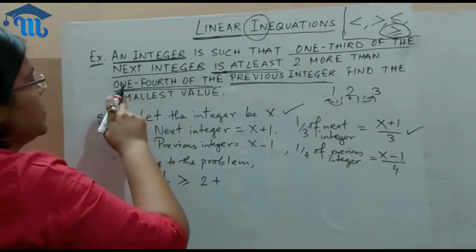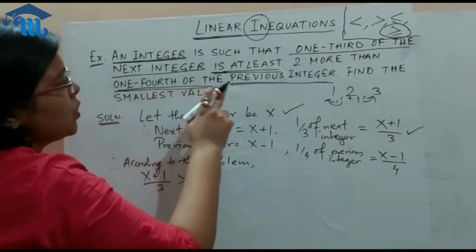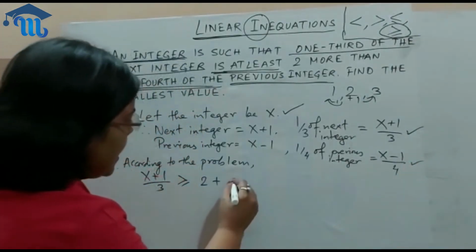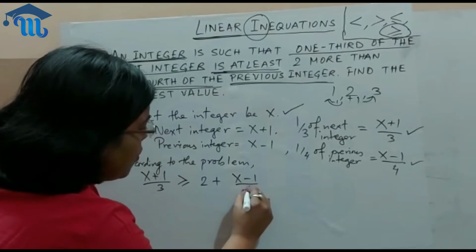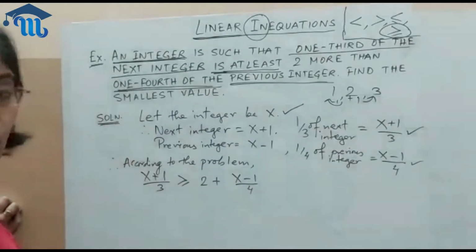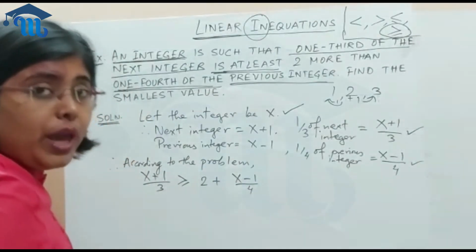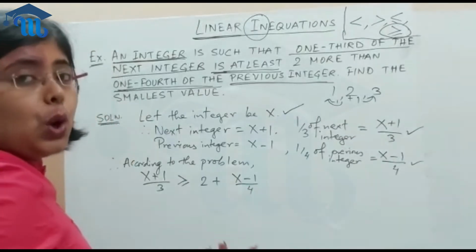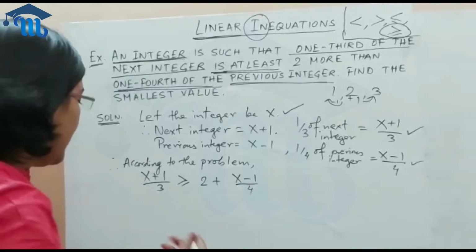And it is written that 2 more than 1/4 of the previous integer, which we have already defined as (x minus 1) by 4. Now, very similar to the way we solve a linear equation, we are going to solve a linear inequation as well.